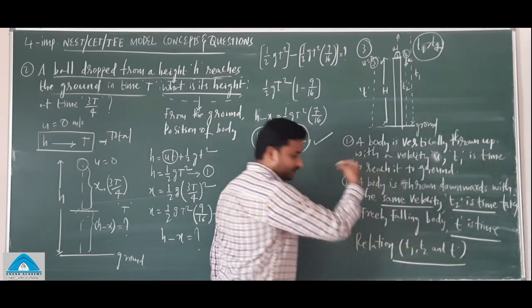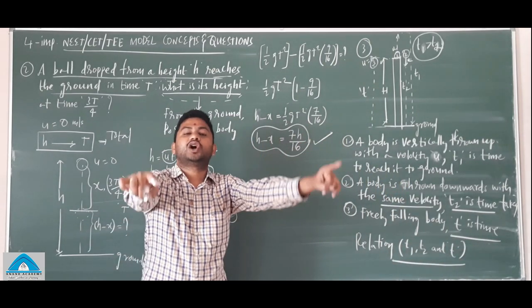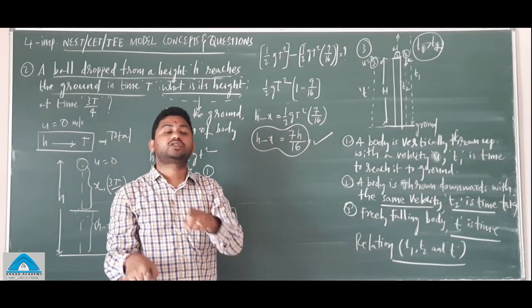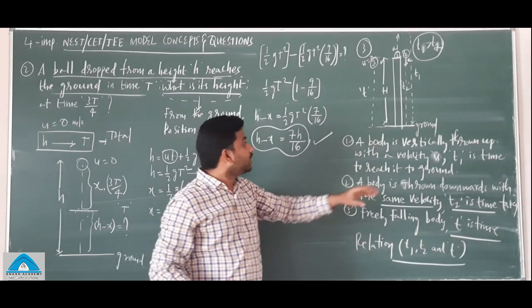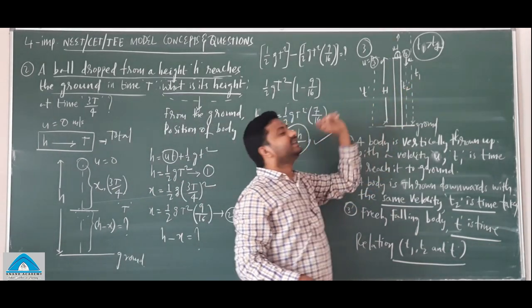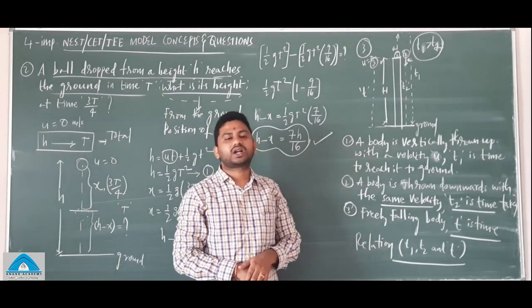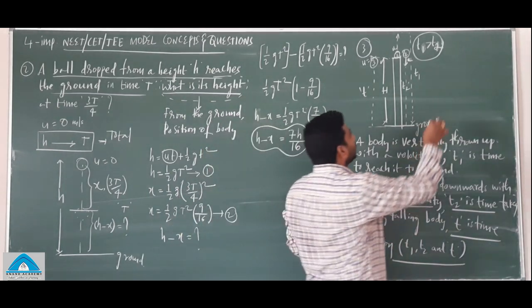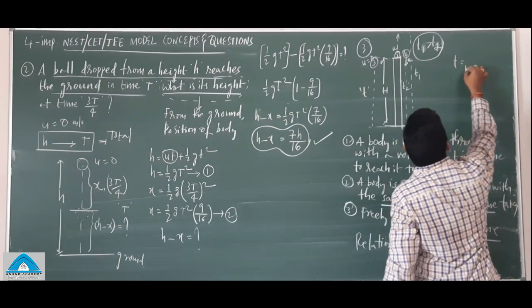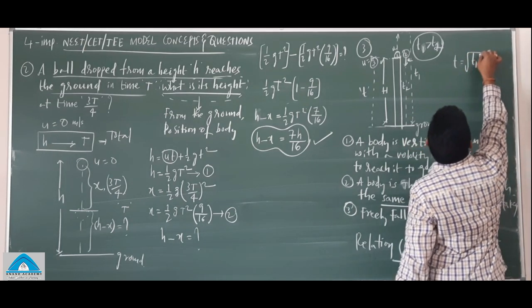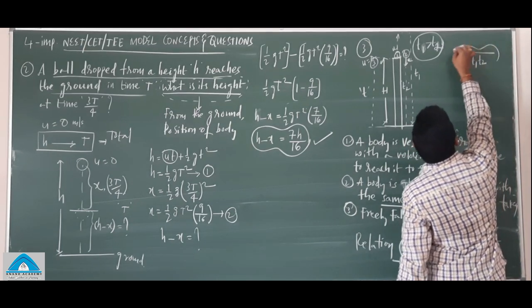The aim of this concept is to find the relation among T1, T2 and T. You know what the relation is? T is equal to square root of T1 into T2.